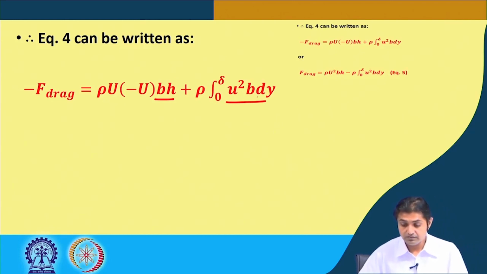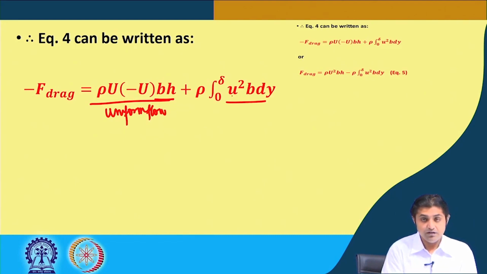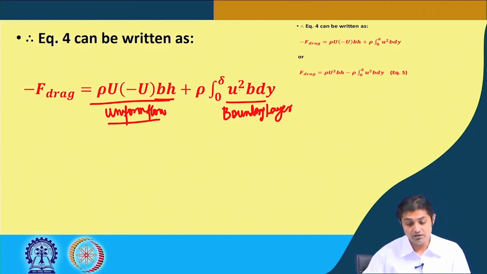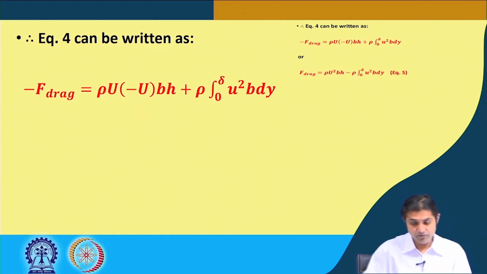All right, and this gives us equation 5. What we did? We just substituted the equation 4 and put in the velocities, and this is section 1 where uniform flow was there, right, and here the boundary layer. And now you can understand why two different forms of momentums we have written.